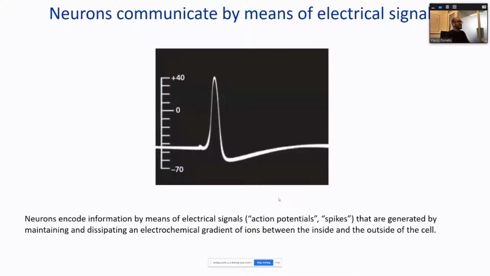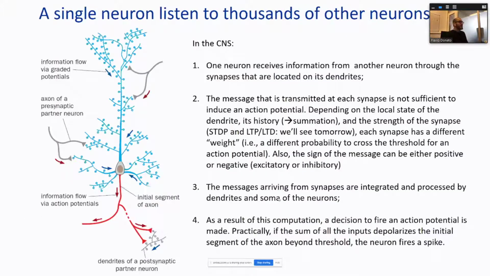That is, neurons are able to communicate by means of an electrical signal, the action potential. One single neuron is not an isolated entity, but integrates information that comes from other neurons in the brain.